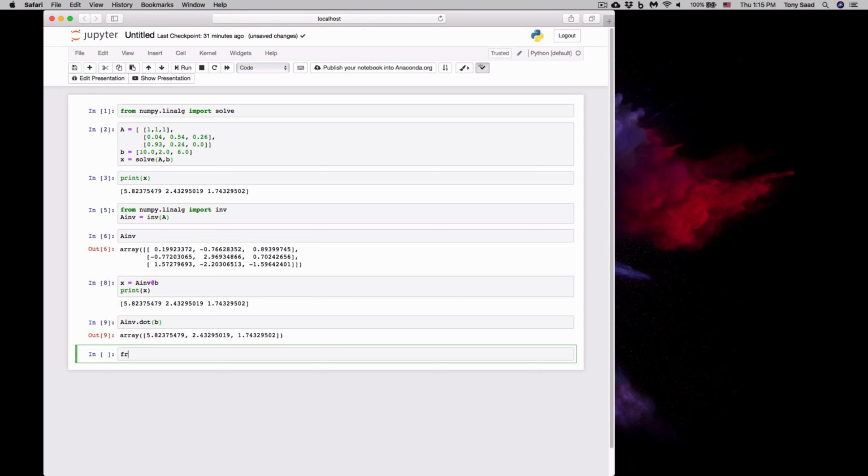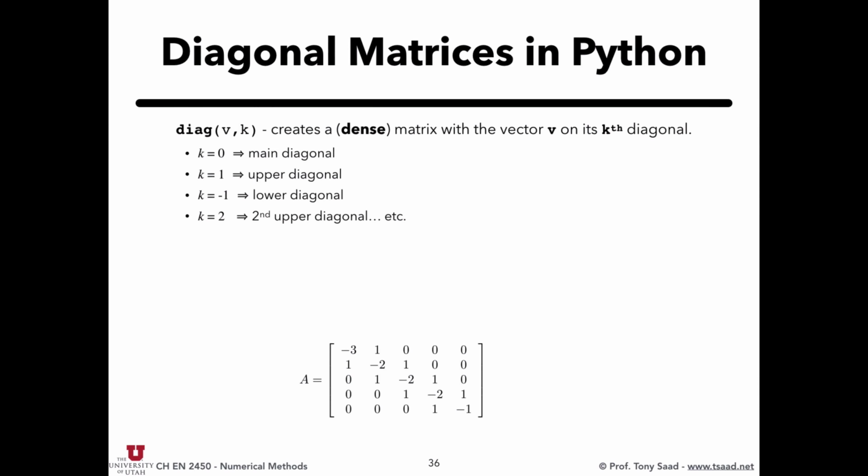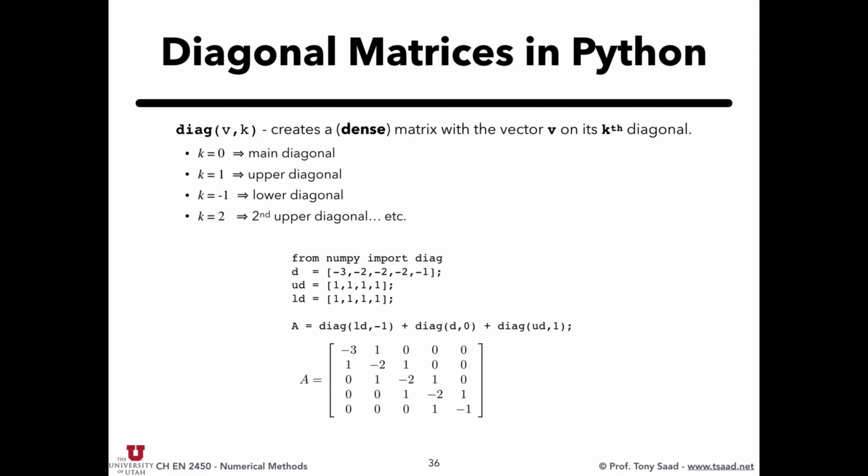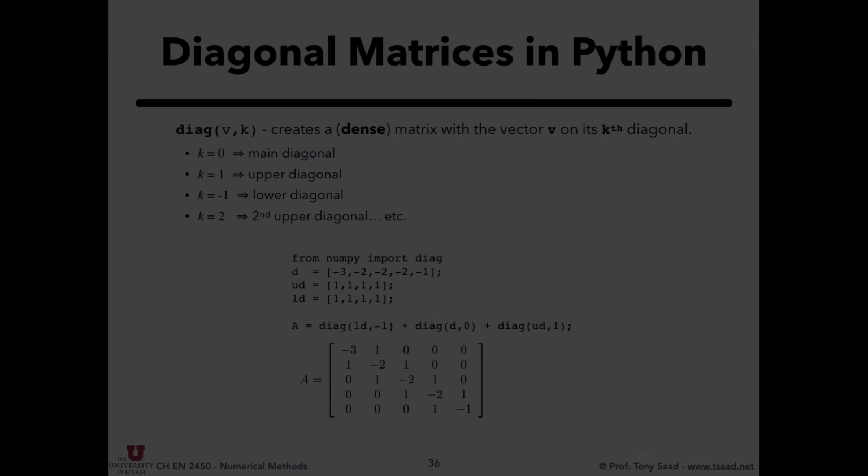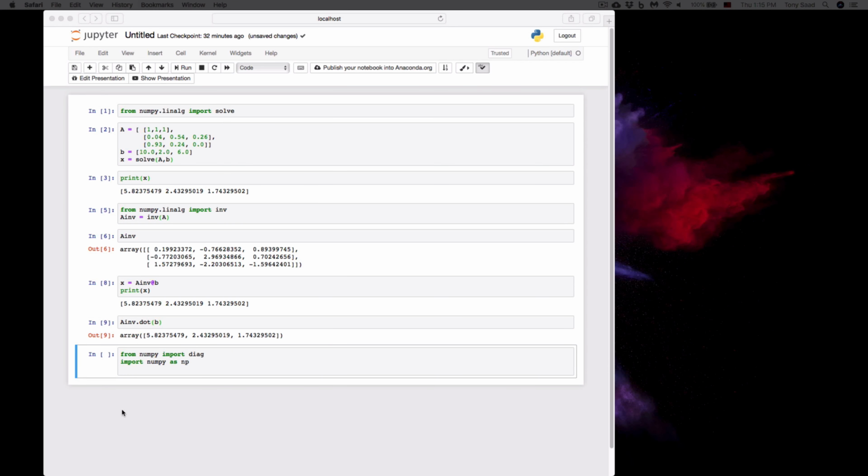So from NumPy, import diag, and import NumPy as np. Now again, in this recent example, I didn't use np.array, so we could avoid using that if you like. So let's just not use it for the moment.